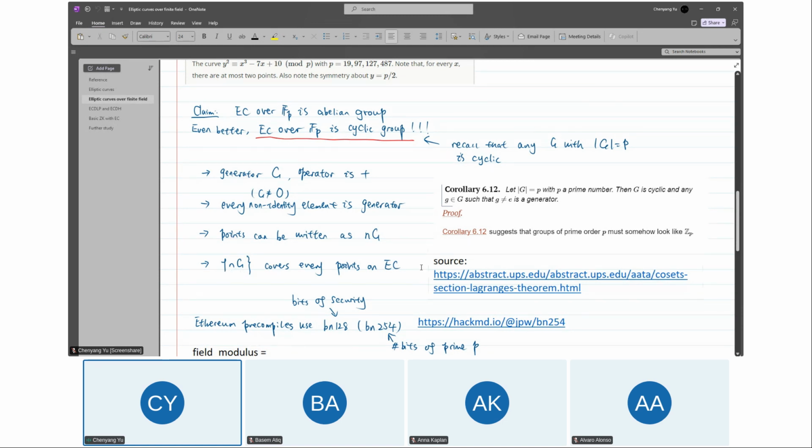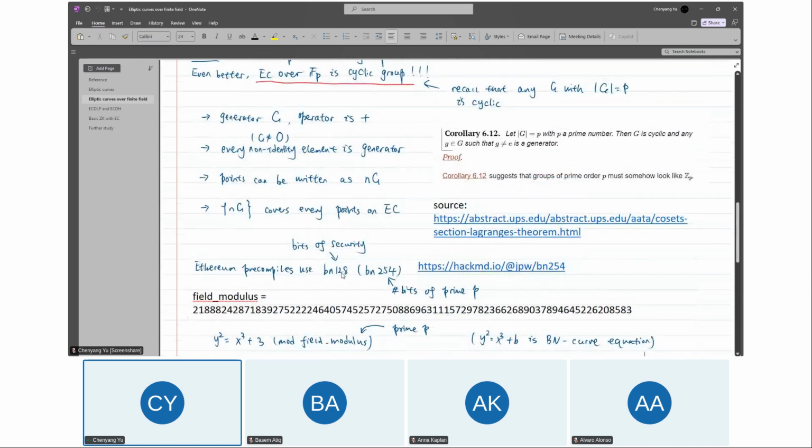Okay, so in reality we are using BN128. This is the name of the curve. Sometimes it's called BN254. The difference is that this naming convention means the curve has 128 bits of security, and this one means the prime p has 254 bits.